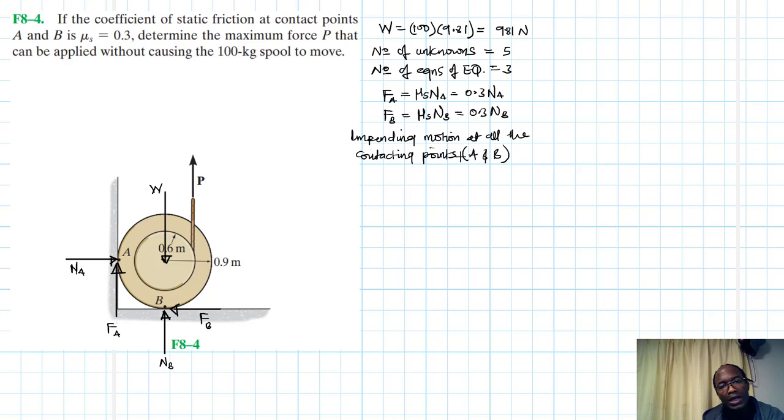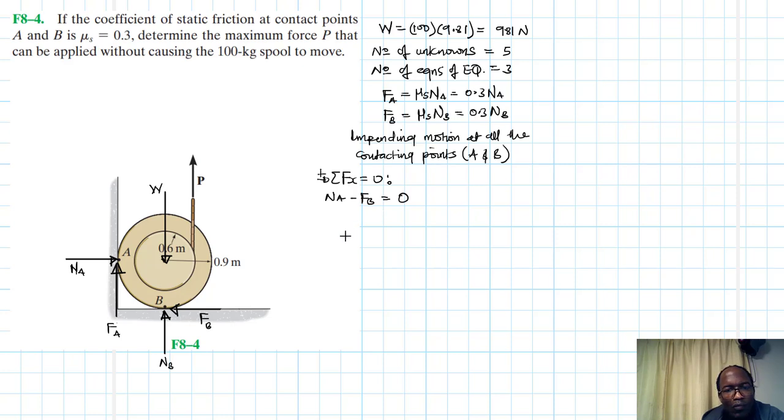So having said that, let's start applying our equations of equilibrium. Let's start with summation of forces in the x direction equal to 0, going this direction being our reference. So in the x we have NA minus FB equal to 0.